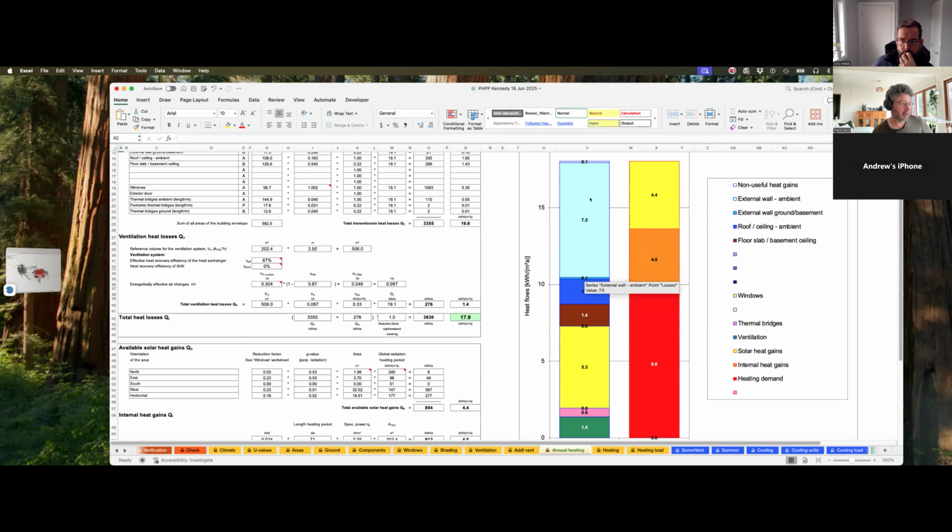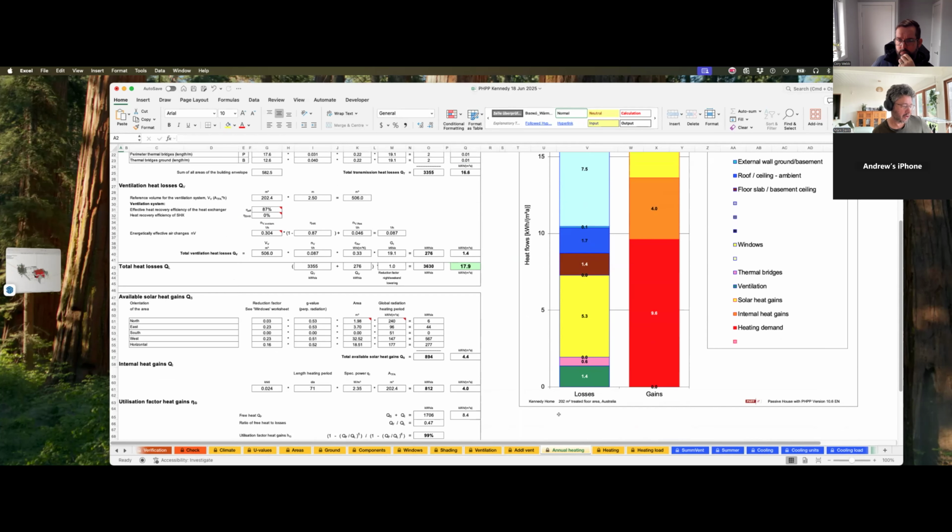What have we got here? The greatest heat loss is for the walls, 7.5 kilowatts. So that's just a curiosity. If we've got problems passing, then we look at this to see where our problem is. Okay.